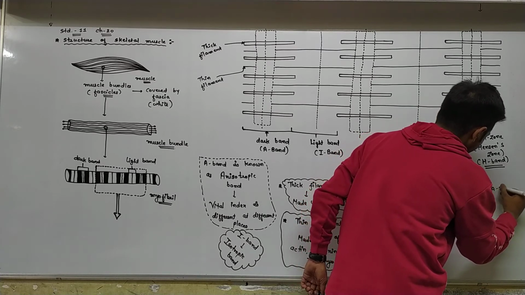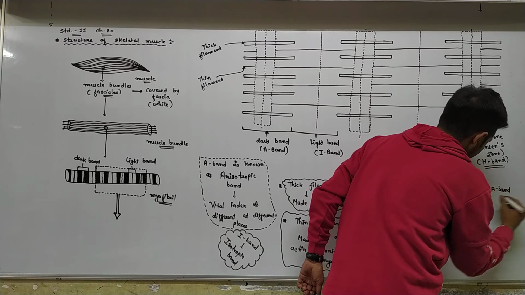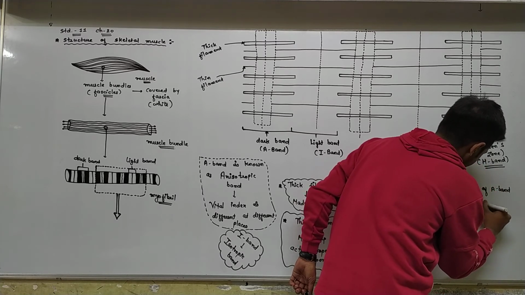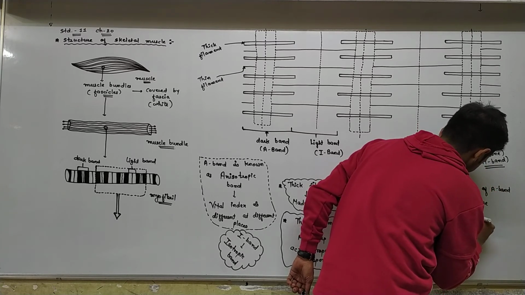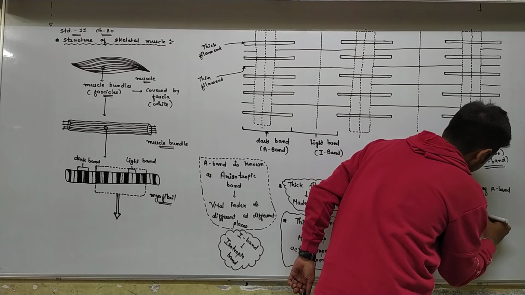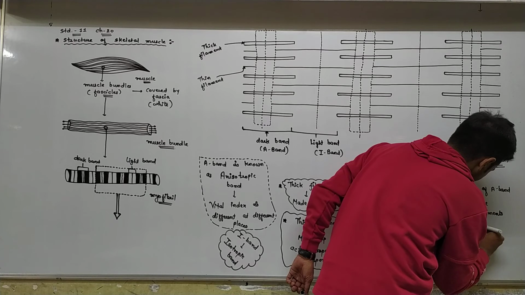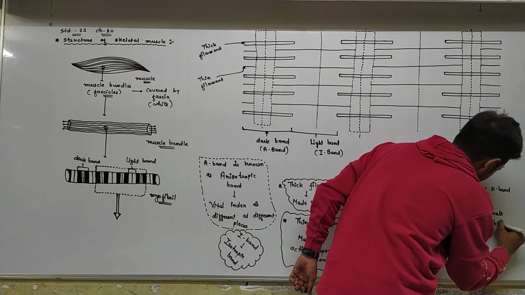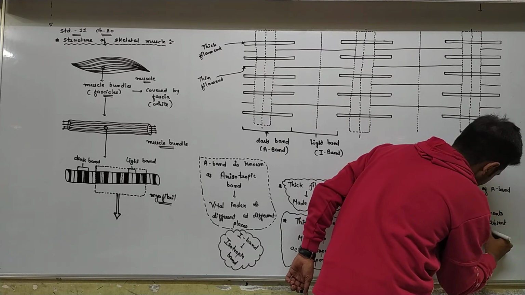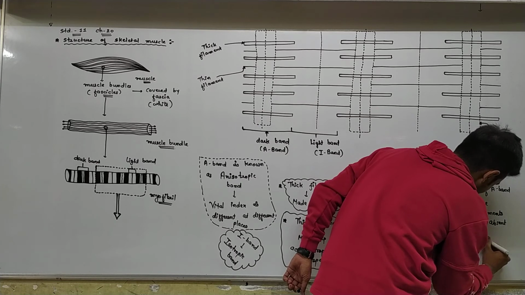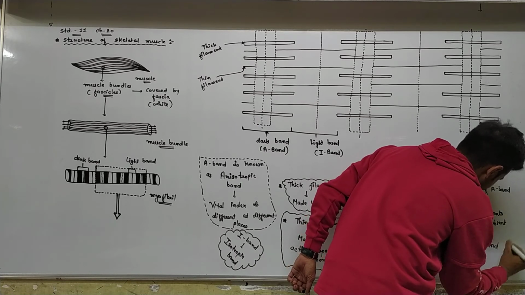Center of A band where thin filaments are absent. This is known as H band or Hansen's zone.